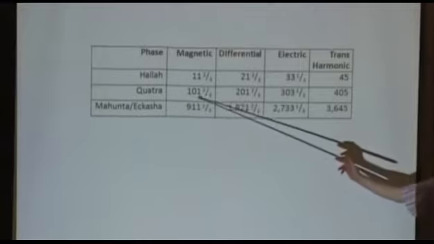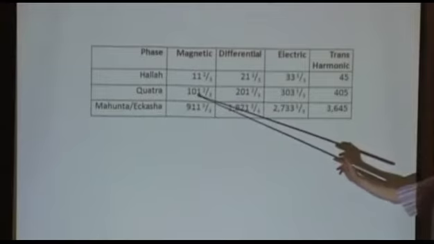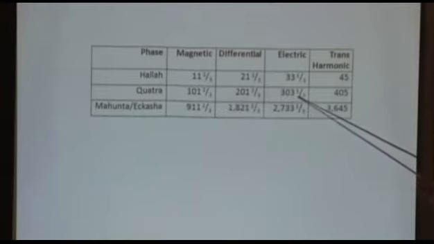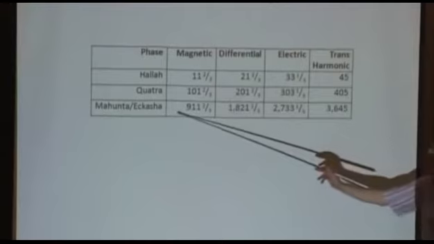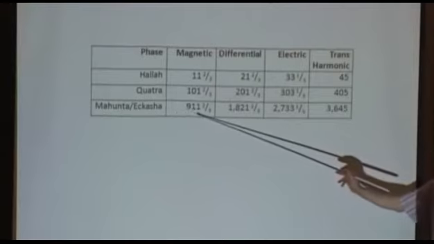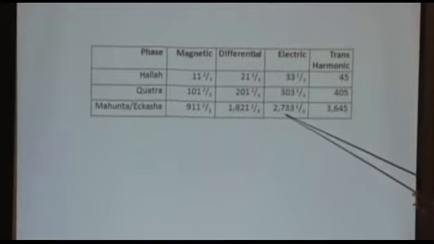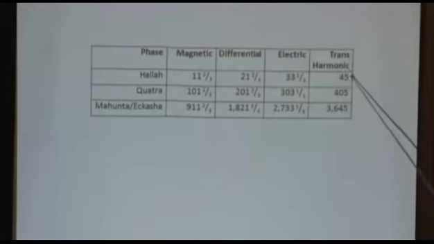So at this stage, instead of 11 2/3, we get 101 2/3 and 33 1/3. And at the next stage, above that again, we have 911 2/3 and 2733 1/3. All of these add up to whole numbers.